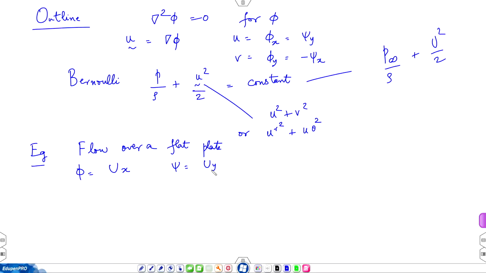So, this is uniform flow approaching a flat plate, and it goes past this plate undisturbed, because all the streamlines, psi equal to constant, will mean y equal to constant, which are lines parallel to the x axis. So, the flow goes past this plate undisturbed.